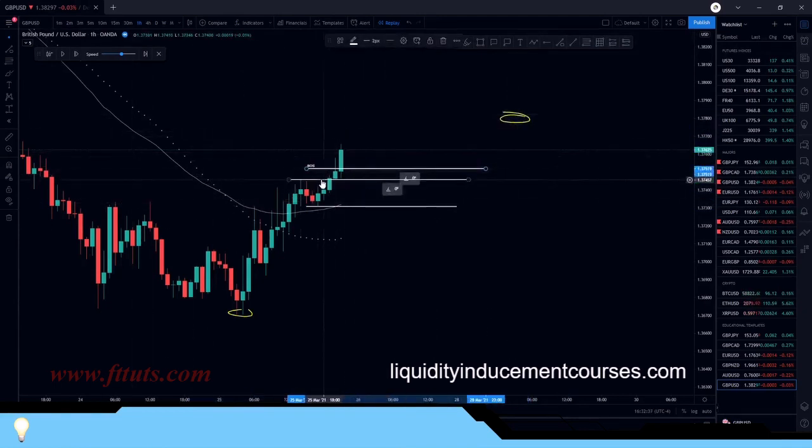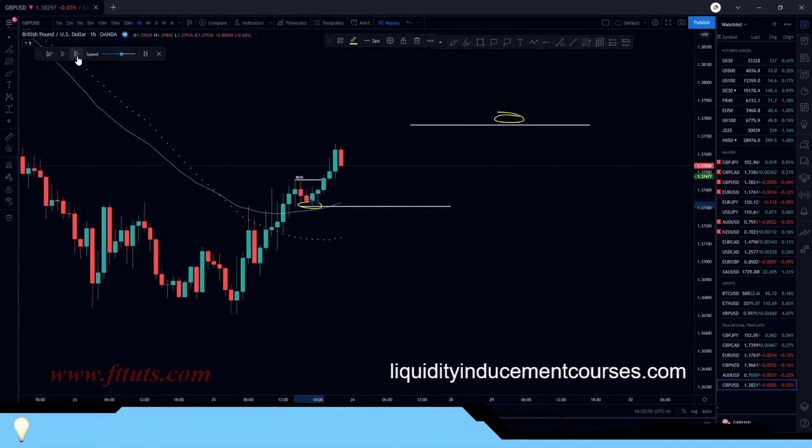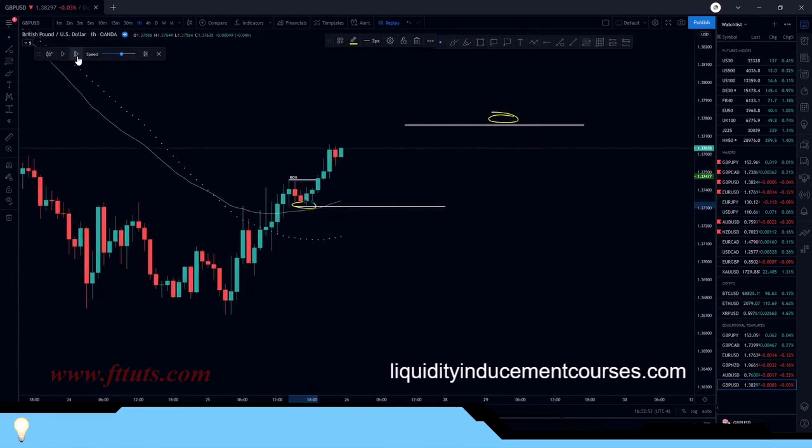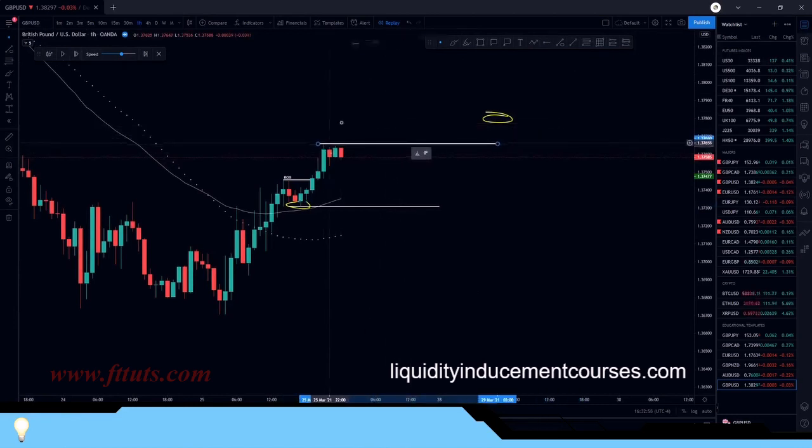Okay, so this then becomes our break of structure here. This is our new low. And then we can continue with printing candles. And same thing over here. We've established a high or a point of resistance. This then becomes our new high.